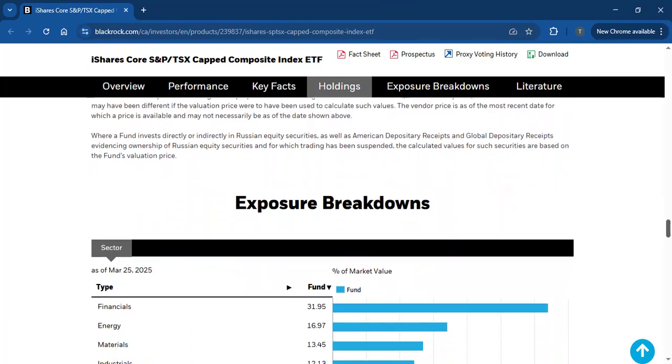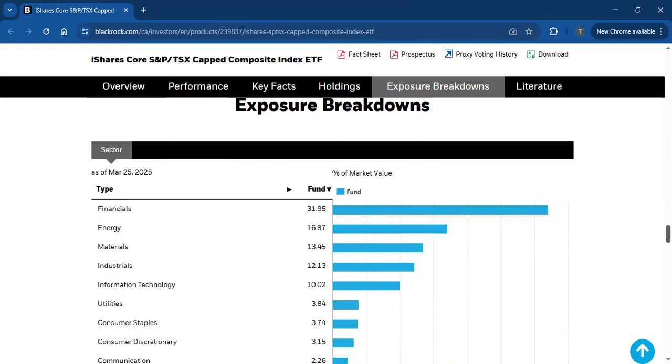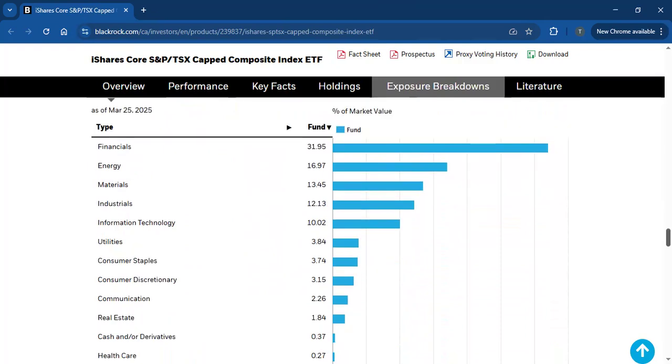Exposure breakdown: this one is also more diversified, because it's not like the previous fund we looked at, where one sector had 50% and the rest got small amounts.